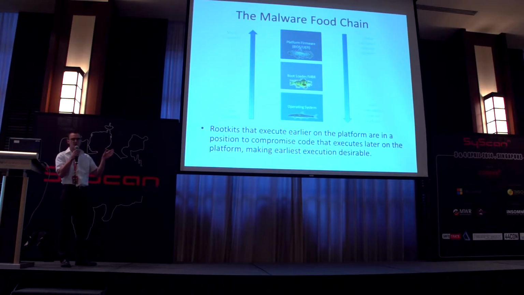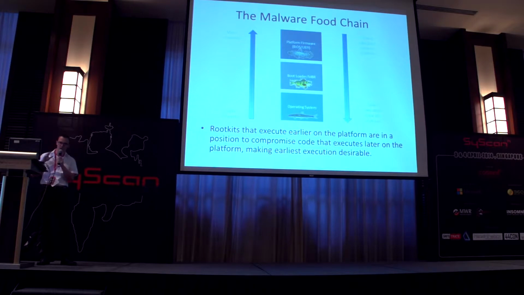It can patch the code as it's being loaded. So it's always beneficial for malware to execute earlier during the boot up process, and the BIOS is the first code to execute when you hit the reset button, so it's the most powerful malware that we can have. In this particular diagram, we're not talking about the management engine and things of that nature.